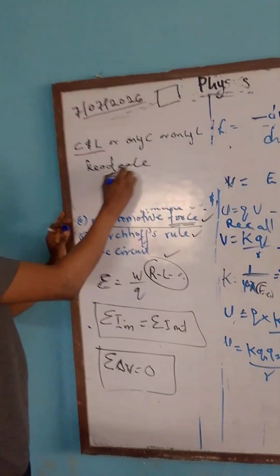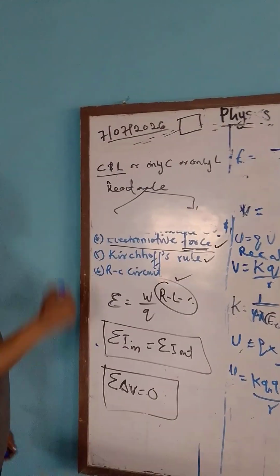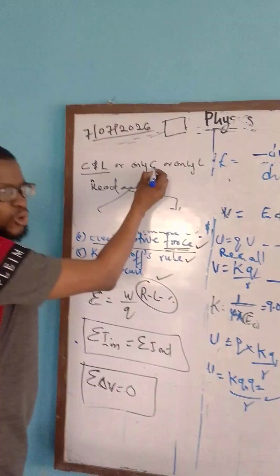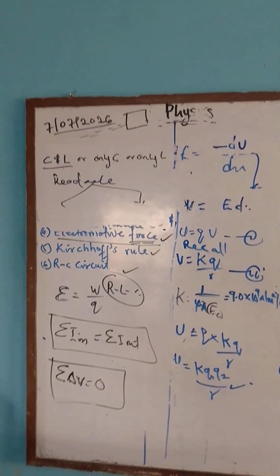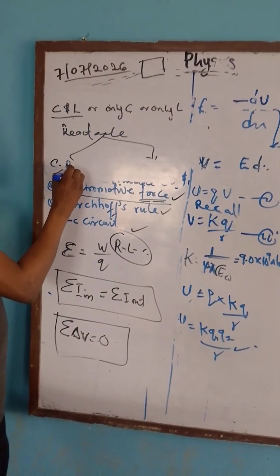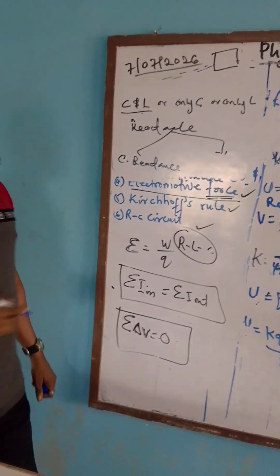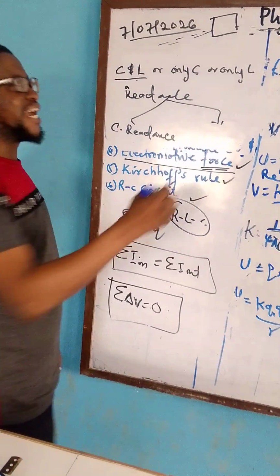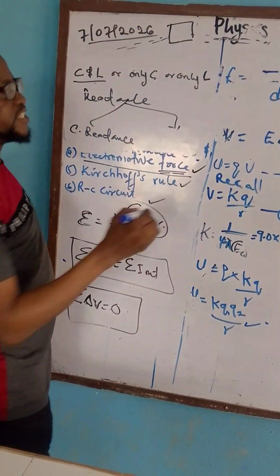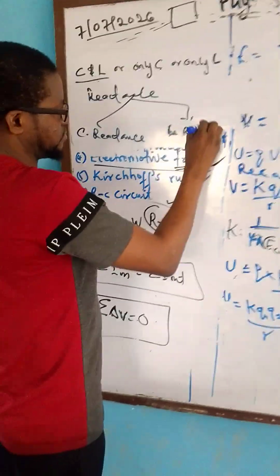It shows that reactance is of two types. If the opposition is offered by only the capacitor, it shall be called capacitive reactance. Now, if the opposition is offered by inductor only, it is called inductive reactance.